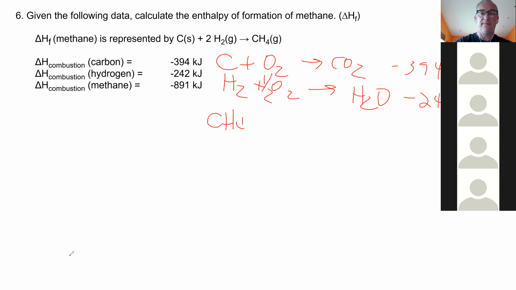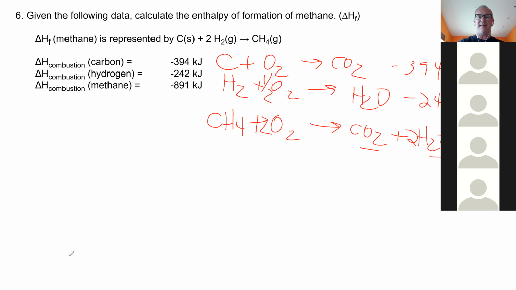So 1 mole of methane gives you CO2 and water: 1 mole of CO2 and 2 moles of water. The amount of oxygen required would be 2, because we have 2 here and 2 there. So that's balanced. These are our 3 reactions, and this one's minus 891.